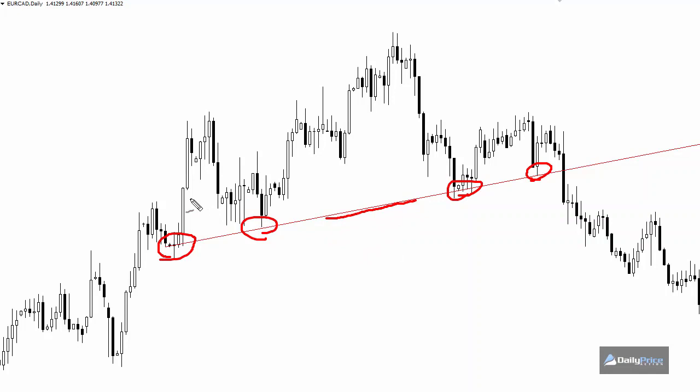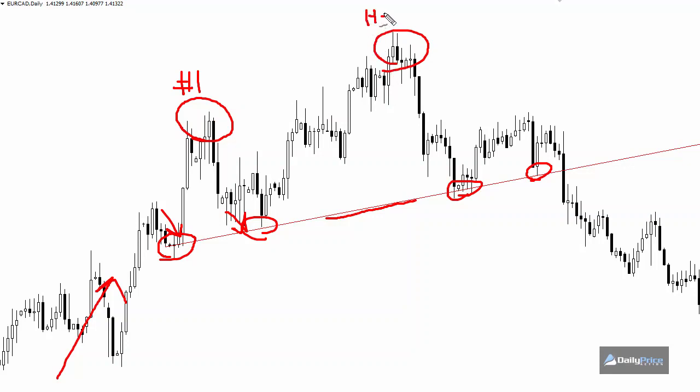Now, the first part of this pattern, you can see here that we have a strong rally up. The market then finds support here at the neckline. Now this first high is shoulder number 1. So that's our first shoulder of the head and shoulders pattern. The next high up here is going to be the head.